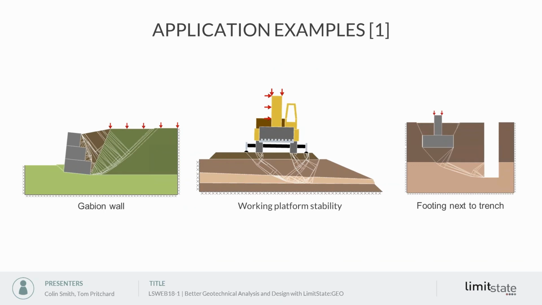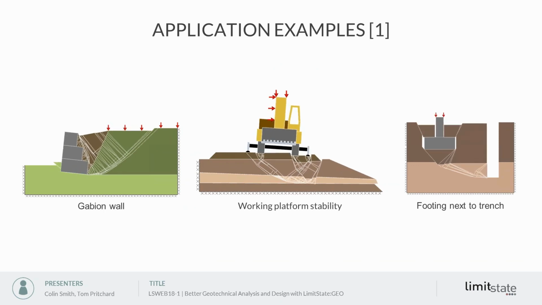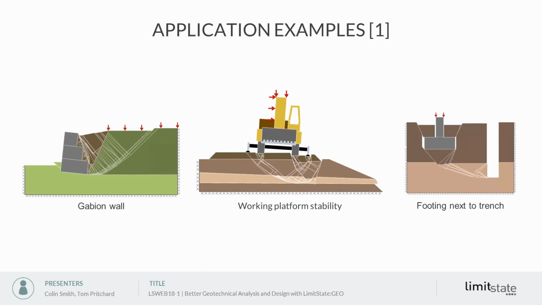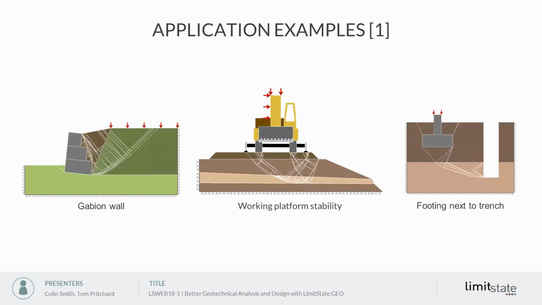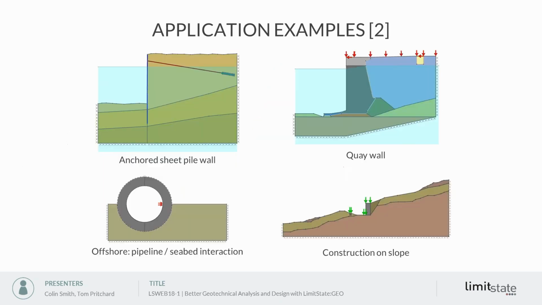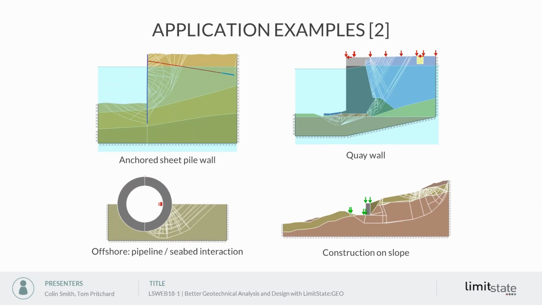So we're coming towards the end of the presentation. Just going to wrap up with a few application examples, just again to remind you of the breadth of problems that we can solve with the software. Gabion walls, working platforms, trenches next to a footing, anchored sheet pile walls.